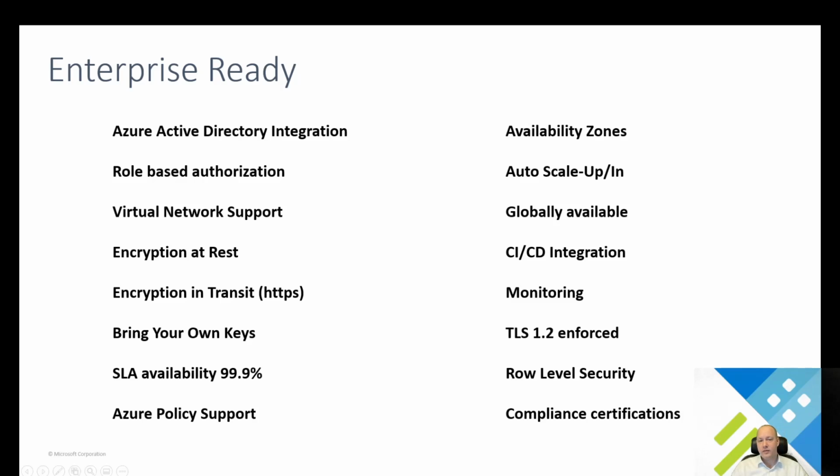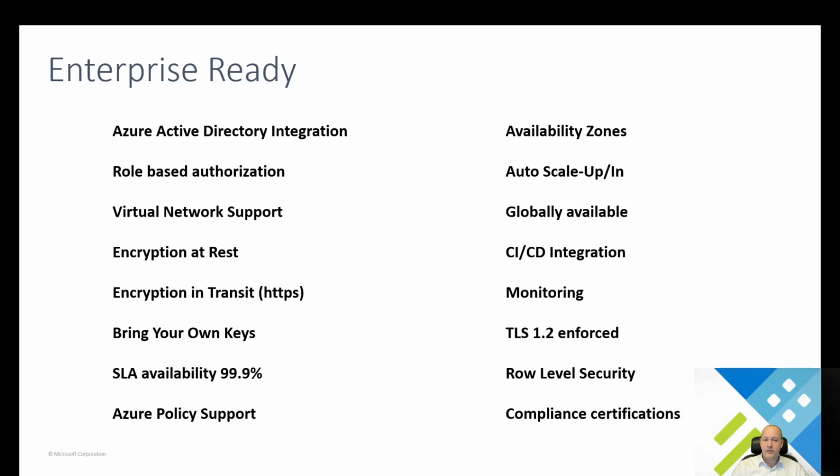We did not go over encryption in transit, but this is something that's given today. We talked about how to bring your own keys. So I showed you how to configure a key vault, create a key, link the key to the Azure Data Explorer, and then all of your underlying data is encrypted with your own key.